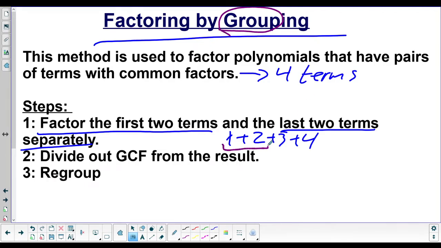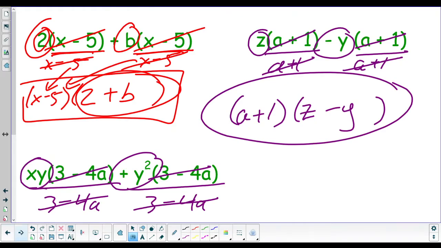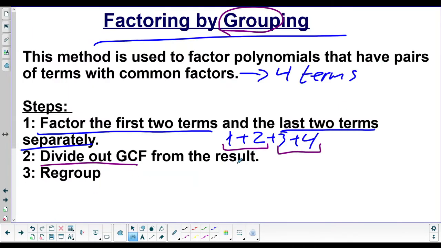We're going to look at the first 2 as a group and the second 2 as a group and factor those groups independent of each other. Yes, that's allowed. After we do this, we're going to divide out the GCF, which is what we just practiced on this slide, from the result. So we're going to take it out. Step 3 is regroup. That basically just means write your answer. Okay, it's not that bad.